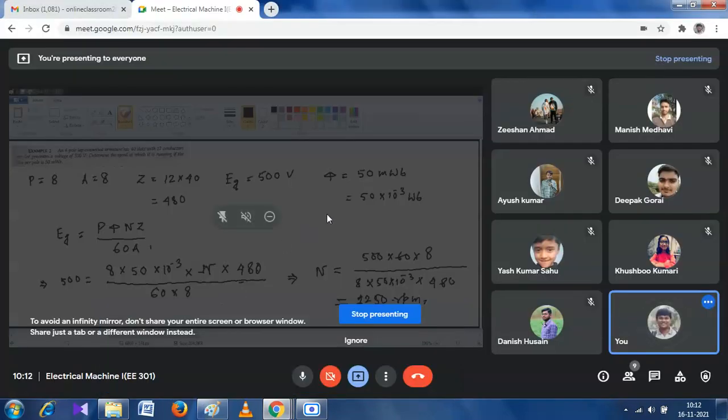Did you understand this problem? Manish, yes sir. Ayush, yes sir. Deepak, yes sir. So tell me why we have written the value of A is equal to 8.